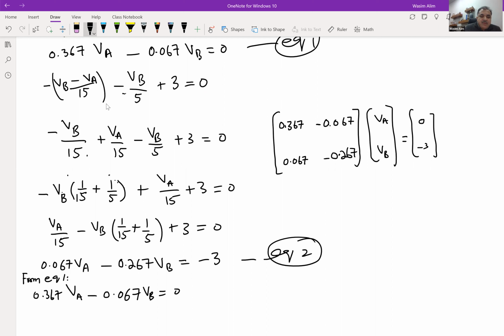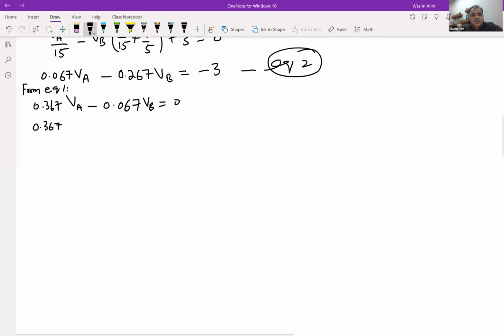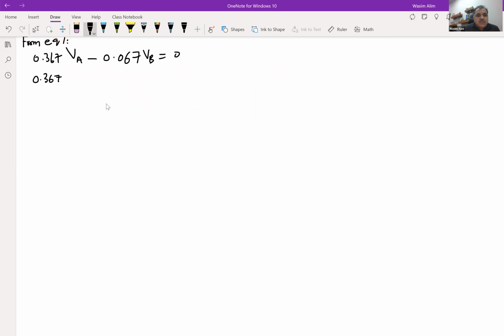I shift one of the terms to the other side, and I will get 0.367 V sub A equals 0.067 V sub B, and then I can write V sub A equal to 0.067 V sub B divided by 0.367, and this is equation number 3.